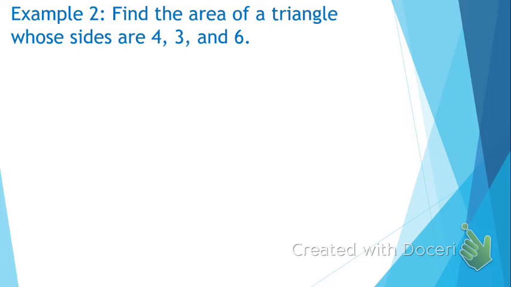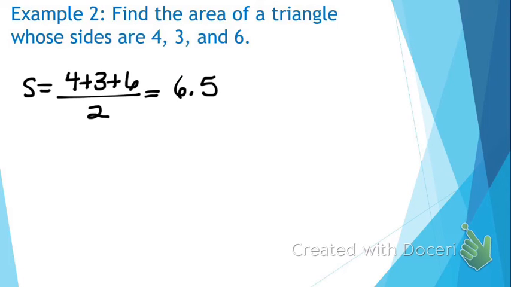And if you have the answer, raise your hand and I'll look at it. Okay, so the first thing we would do is find S. So when you find S, that's your semi-perimeter. That is going to be 4 plus 3 plus 6 over 2, which is 6.5.